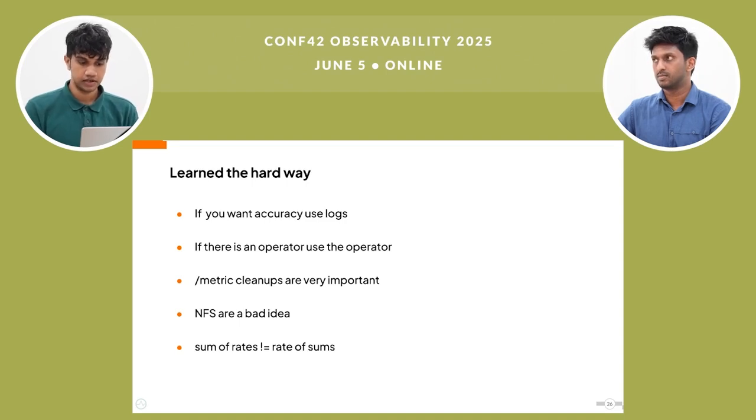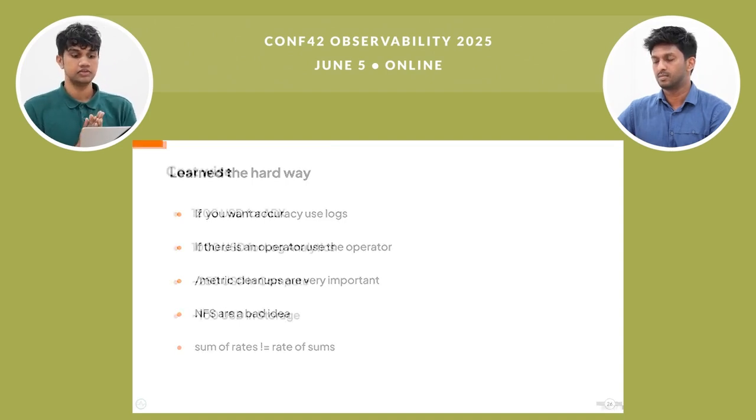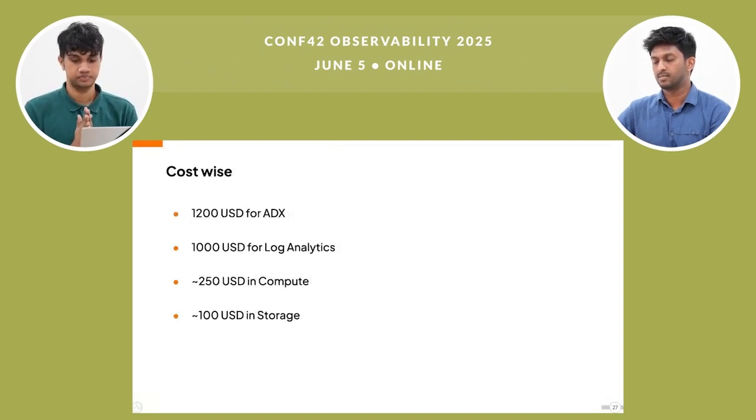So let's revise the cost, because we did a lot of things, right? Previously we spent close to $1,200 on ADX and $1,000 on Log Analytics per month per data plane to retain this data and serve it to our customers and for ourselves as well. But with our newer open source stack, we only pay for compute and storage.